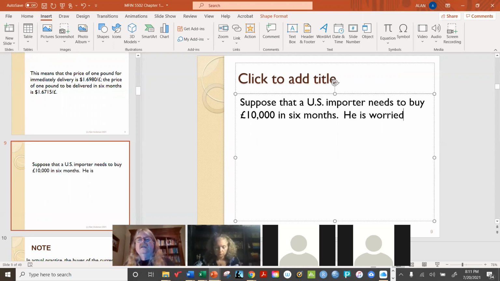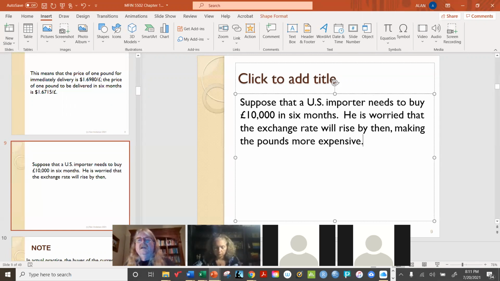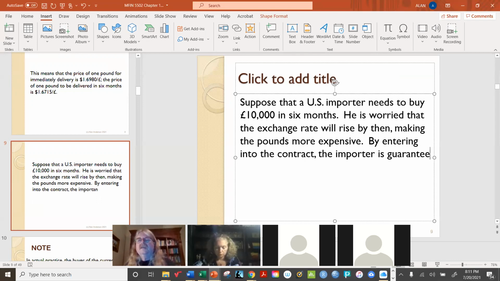He's worried that the exchange rate will rise by then, making the pounds more expensive. By entering into the contract, the importer is guaranteeing what he will pay.